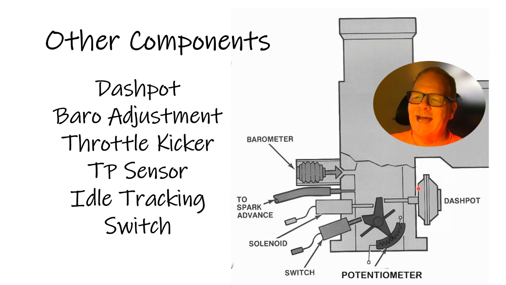But this dash pot, even on the ones that have electronic throttle bodies, electronic idle speed control, they still have what's known as a dash pot function. Because it'll stall if this thing doesn't let the idle come down. And if the newer one doesn't know it's all the way at closed throttle, it'll hold the idle a little higher sometimes, and it'll be in that dash pot mode.